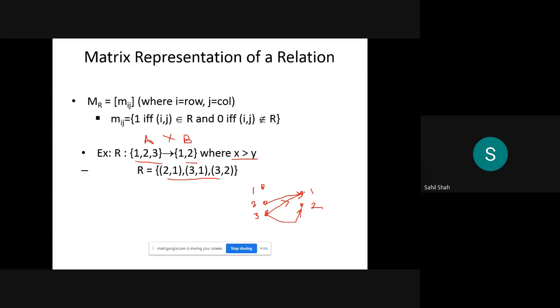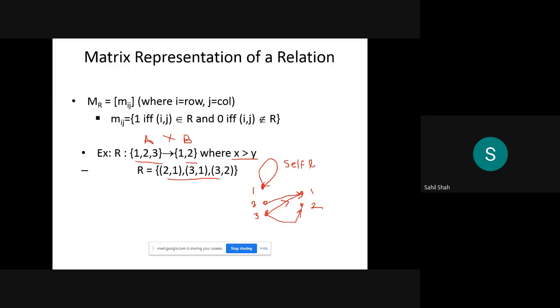If we have some relation wherein an element corresponds with itself, for example, not for this relation, but if one element has an arc with itself, this sort of representation is known as a self-loop. If somebody is corresponding with himself or herself, we will treat it as a self-loop.